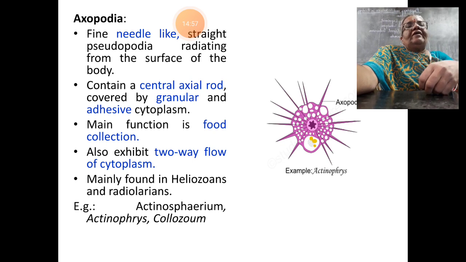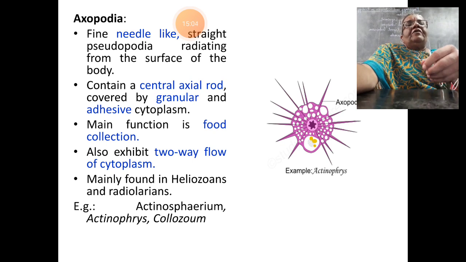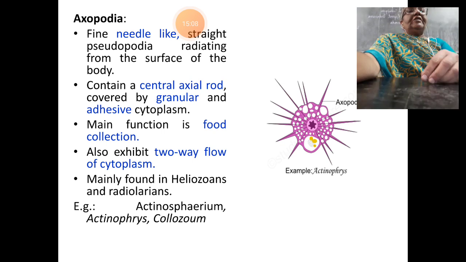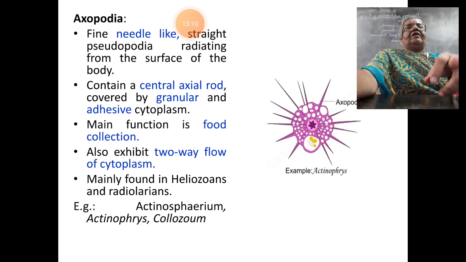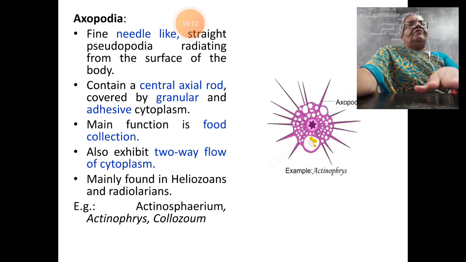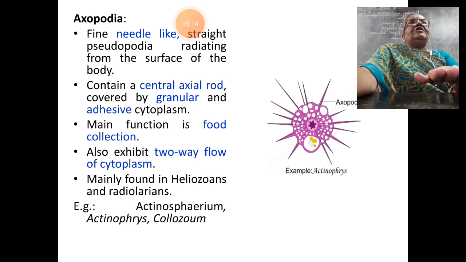Heliozoa and Radiolaria are two orders under the phylum Protozoa, and protozoans which belong to these orders predominantly exhibit axopodia. So, till now you have learnt the different types of pseudopodia with examples and their functions.